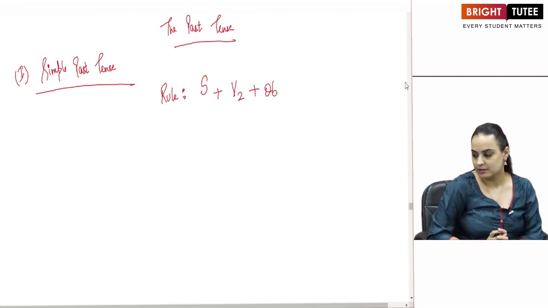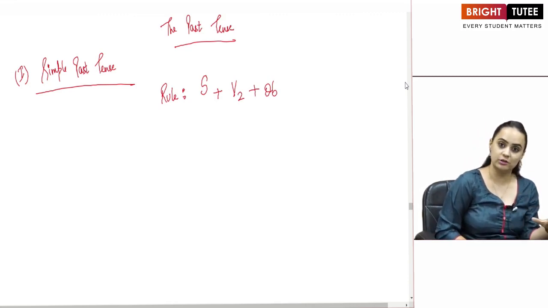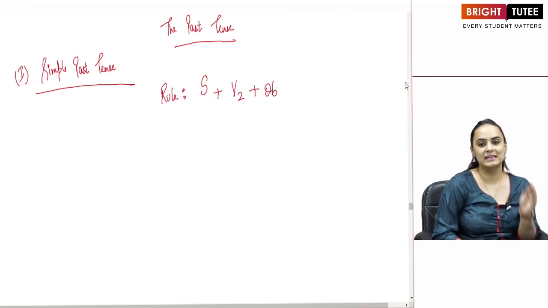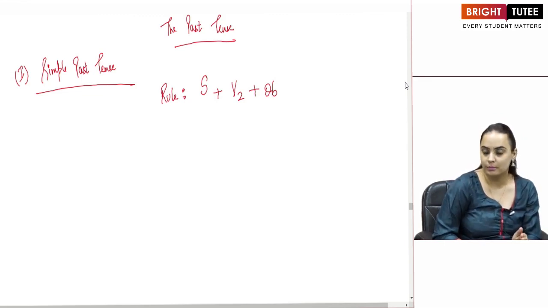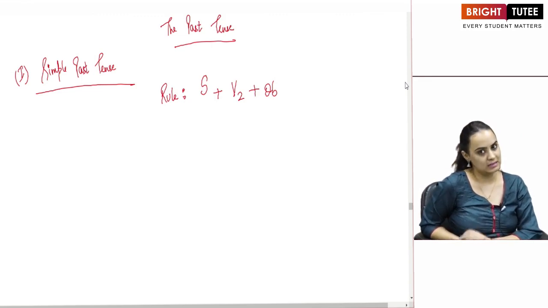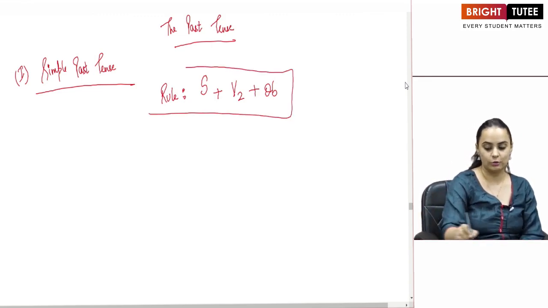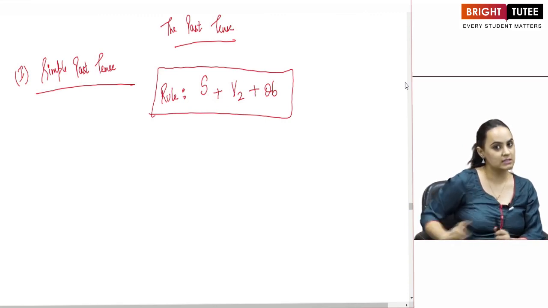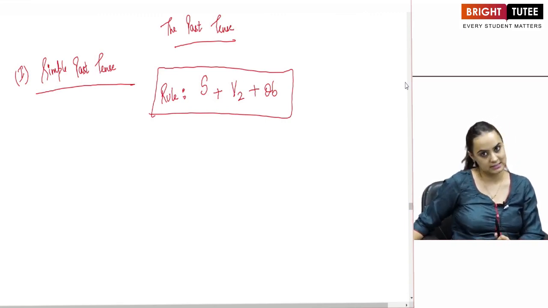Very simple. There is no need for you to remember whether the subject is singular or plural. Simply the second form of the verb and the object. So this is your rule for framing a sentence with the simple past tense.